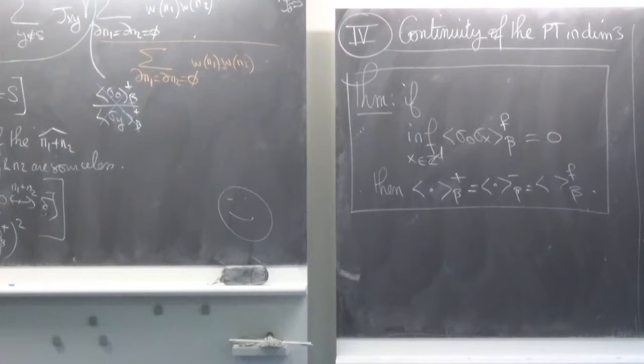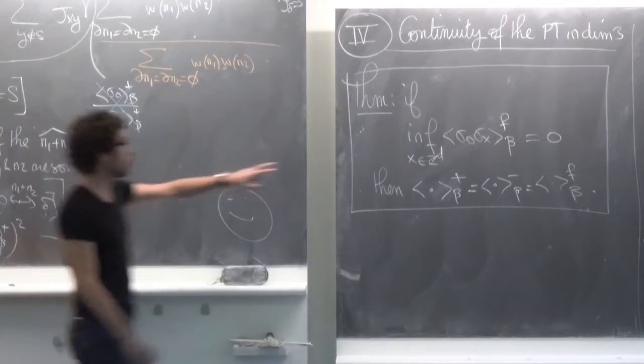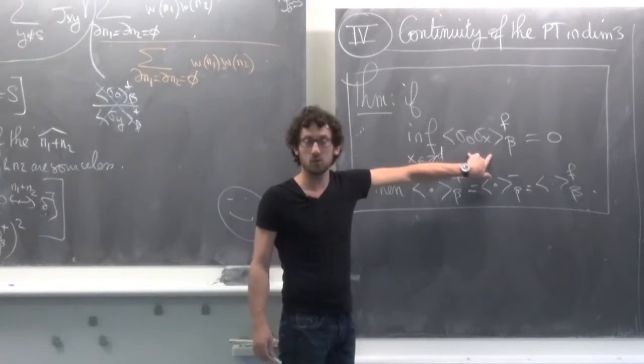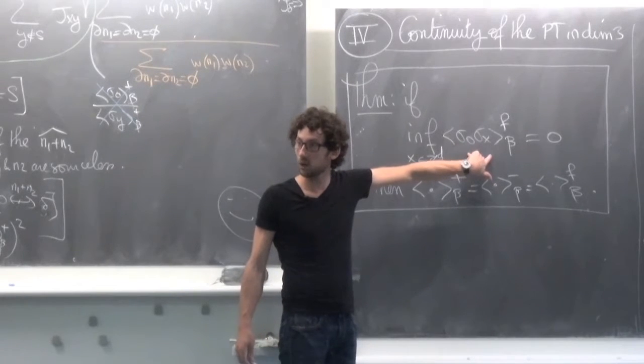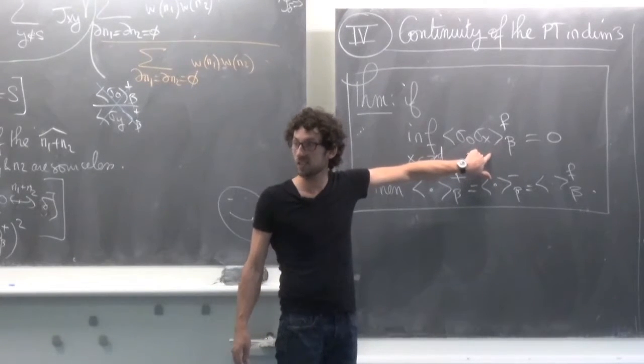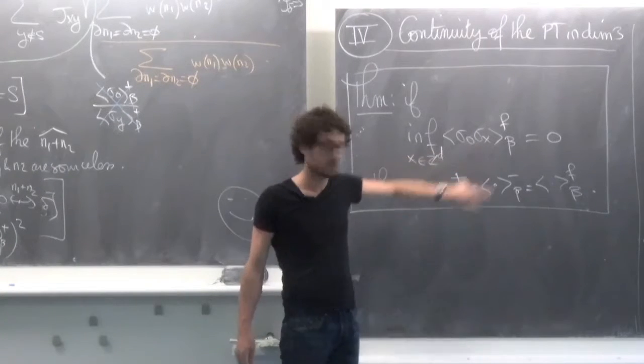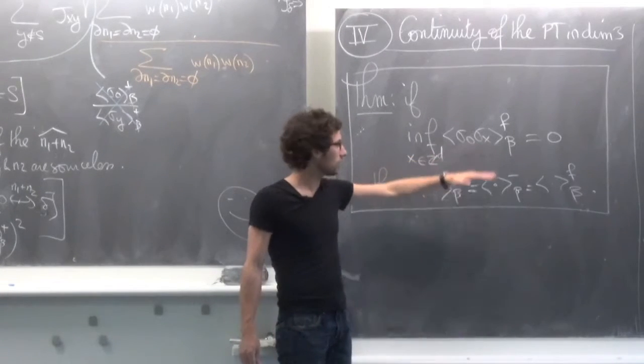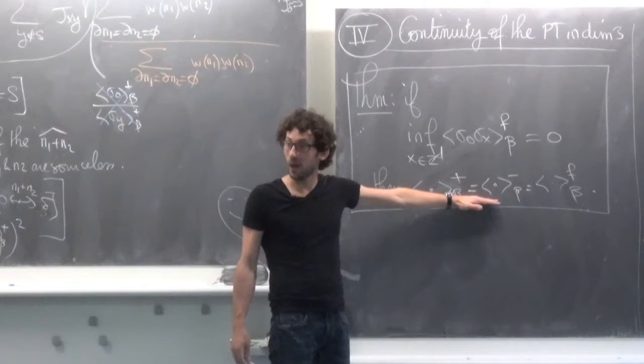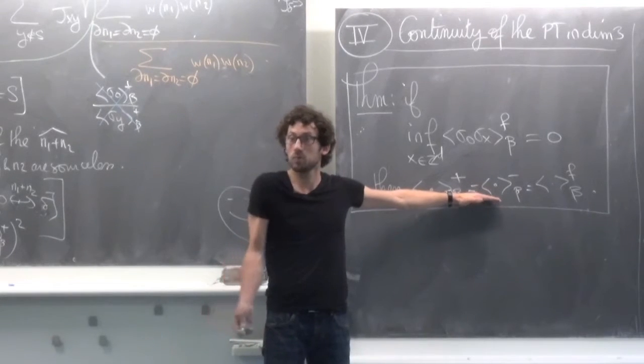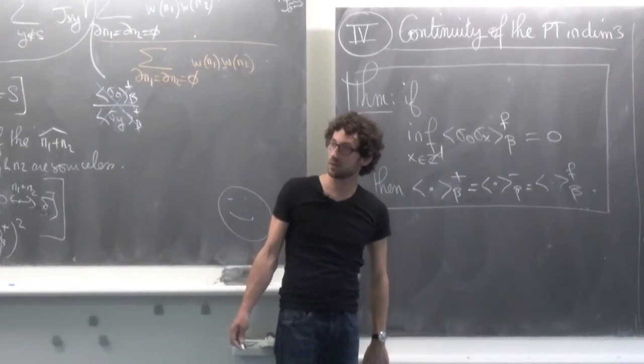I mean, this condition is basically telling you there is no long-range ordering. Sigma 0 and sigma x forget about their respective spins. They are asymptotically independent. If there is disorder, then, in fact, the plus state is also disordered because it is equal to the free state.